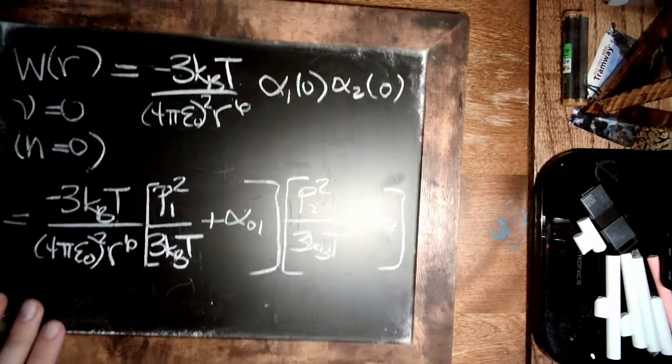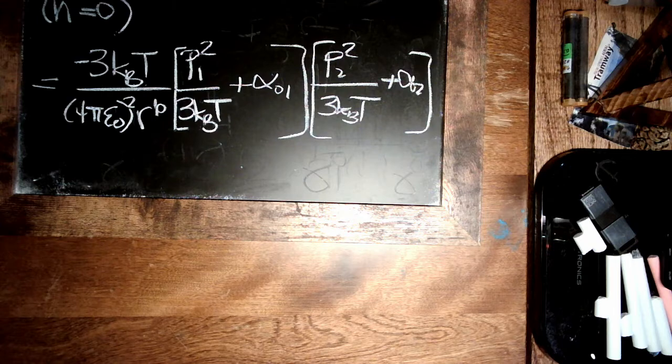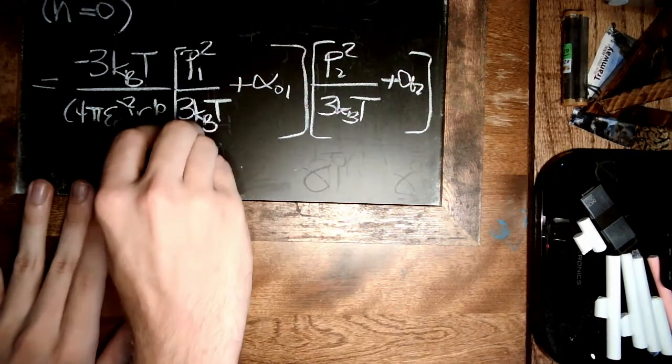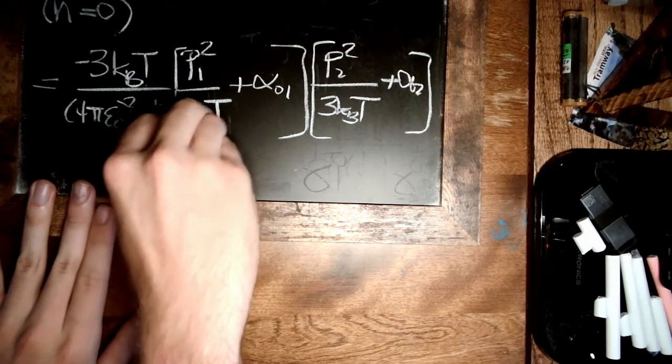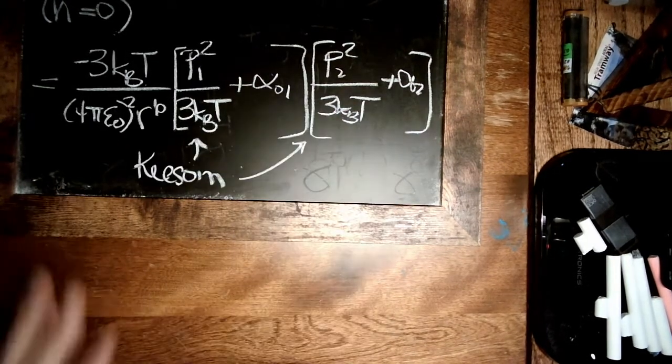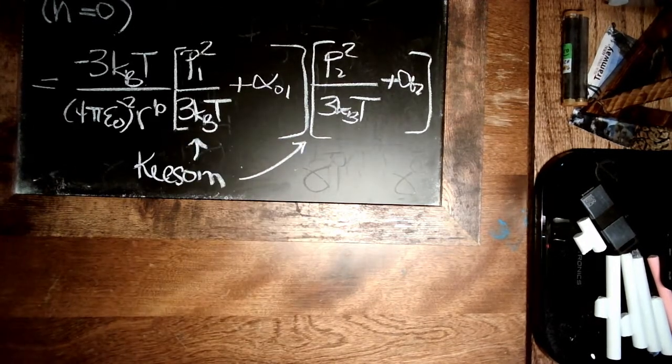So what you can see is we, at this point, have indeed recovered the energies. The key sum effect comes from these two. There's the magnitude of the dipole squared over 3kBT.